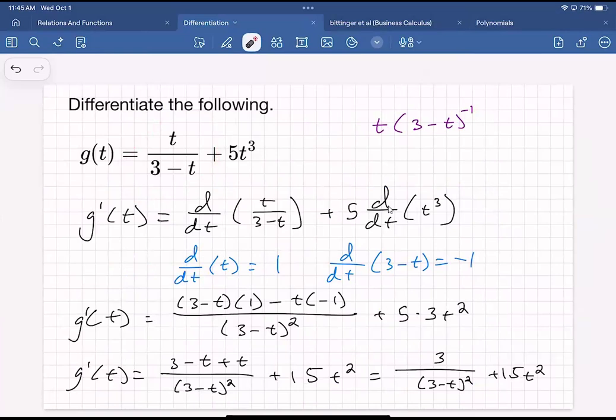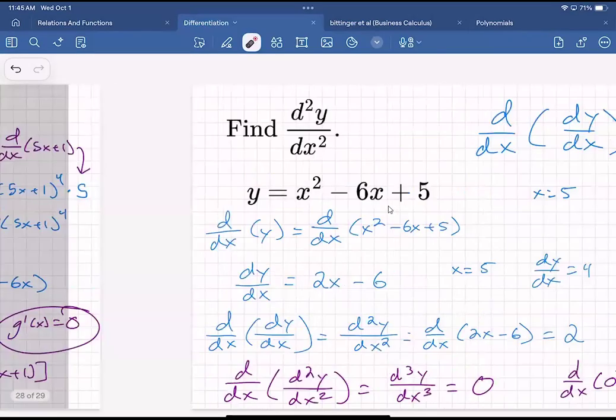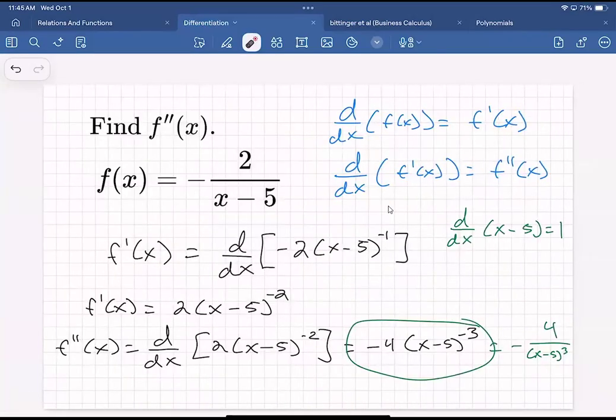When we were done here, how many t's did we have in the numerator? It's gone. But how many did we have in the denominator? Sorry, factors. Two, right? So it followed that same kind of pattern still, right? Now, hopefully what you're taking from this is, hey, I can take a derivative of a derivative function.